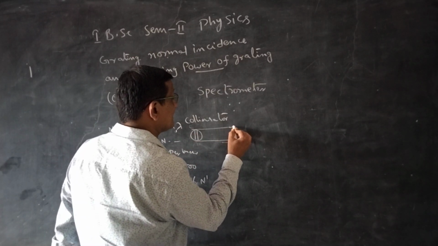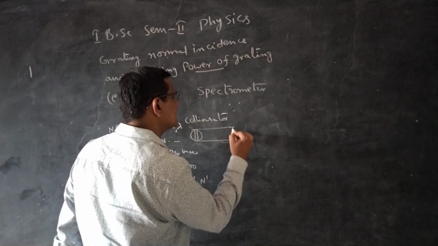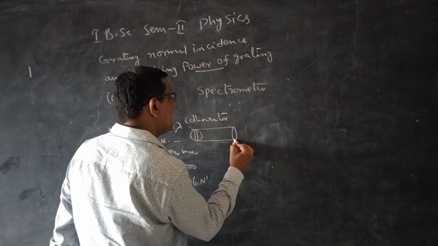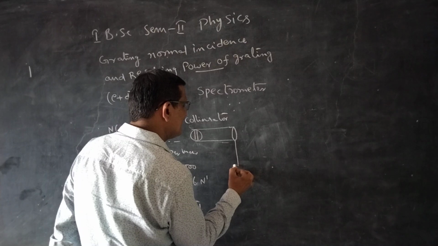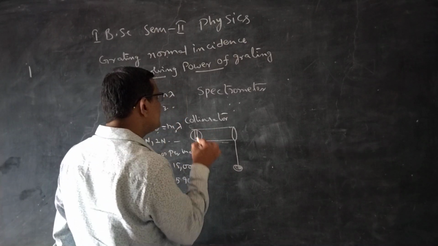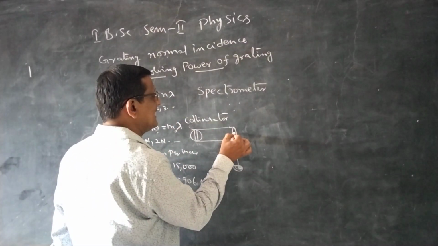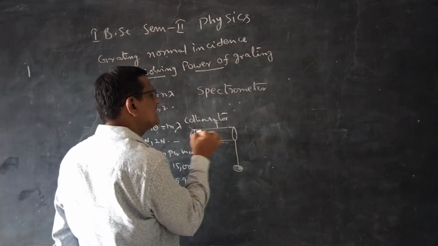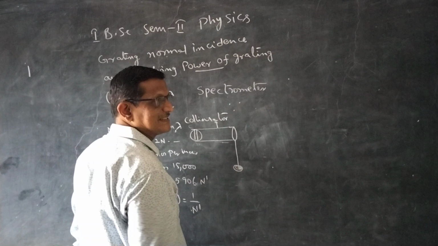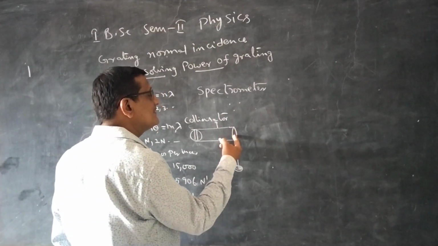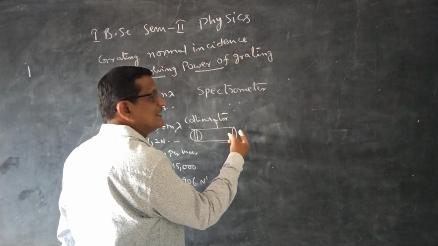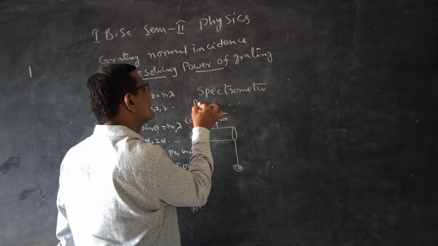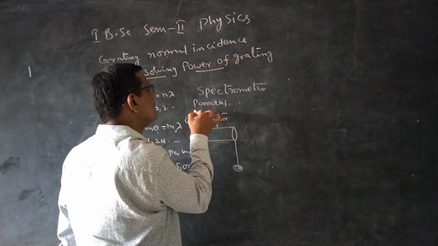And at the other end, the second end of the collimator, there is a convex lens, and this arrangement is placed on a vertical stand like this. By adjusting the lens using a rack and pinion screw, the slit is placed at the principal focus of the convex lens. Then the convex lens emerges a parallel light beam.